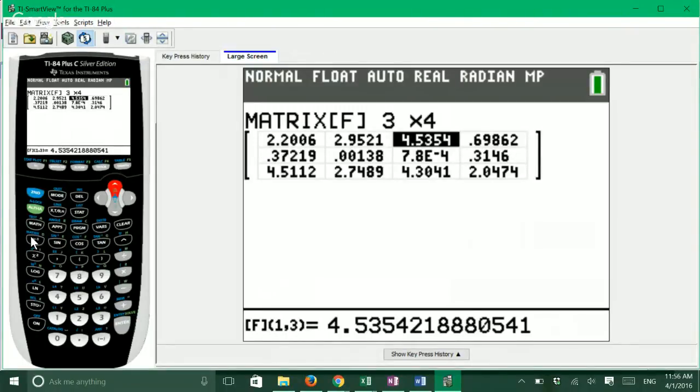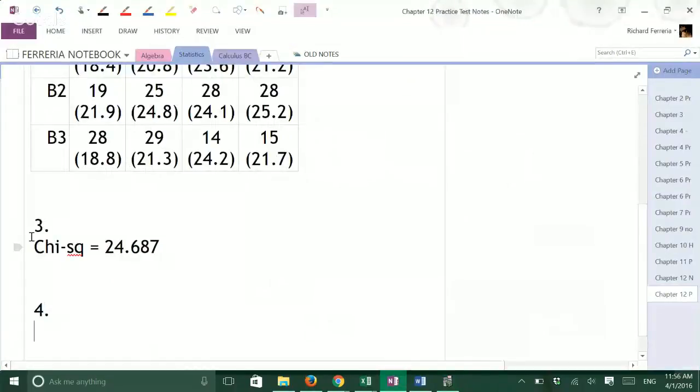Maybe they just rounded, or truncated it. 4.5 also. So both, A3B1 and A1B3, contribute 4.5 to the chi-square.